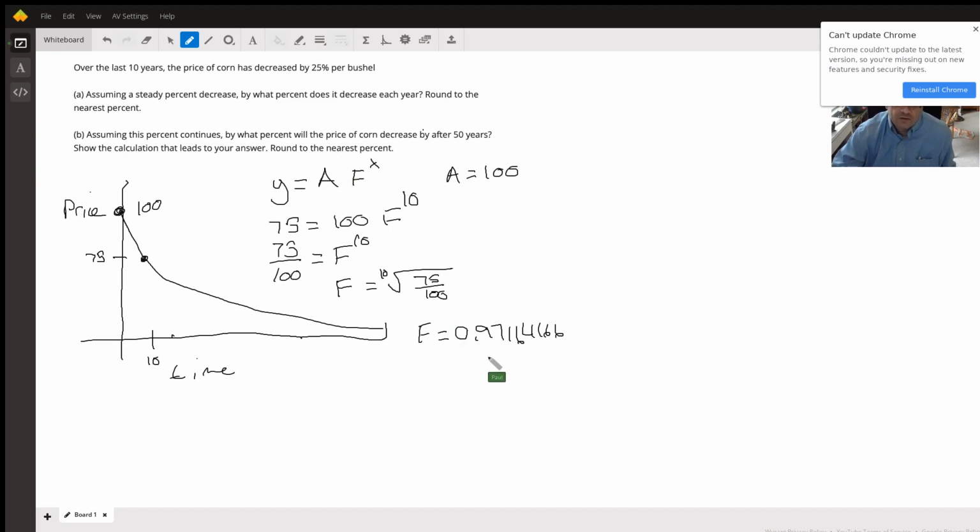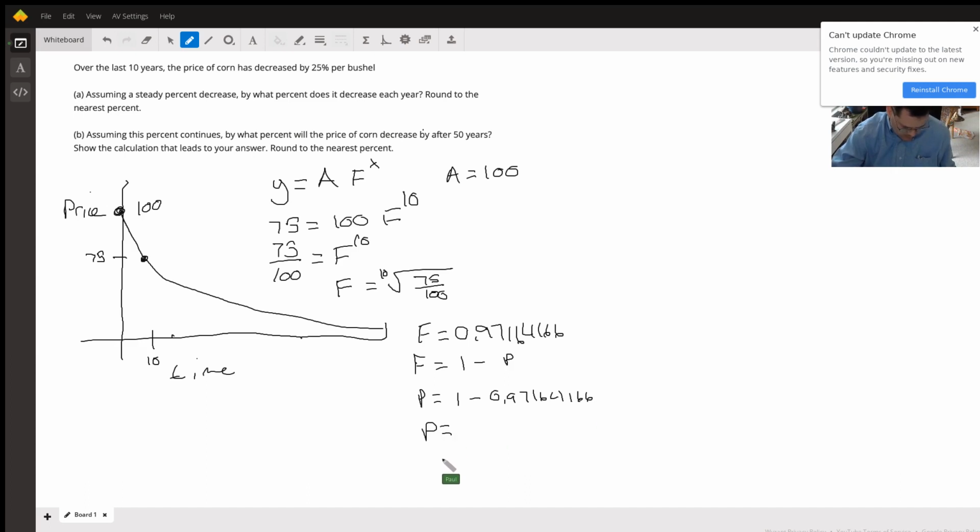So this is a growth factor, and we need to know the percent of decrease. All right, so we know that the growth factor is going to equal 1 minus the percent. So in this case, the percent will be 1 minus 0.97164166.